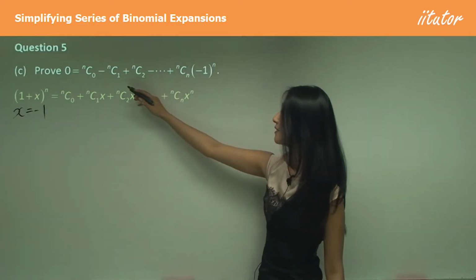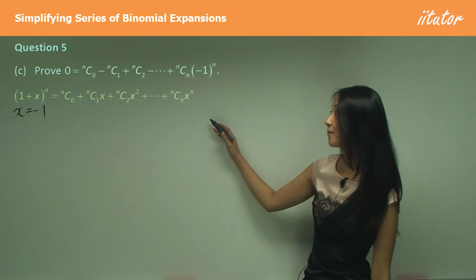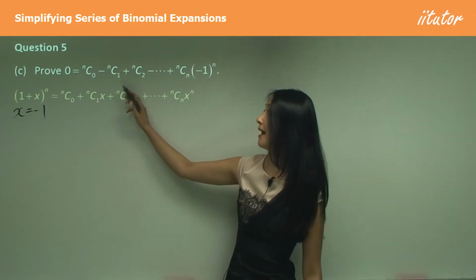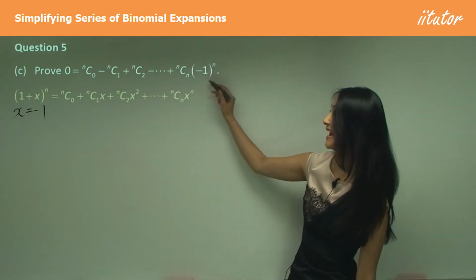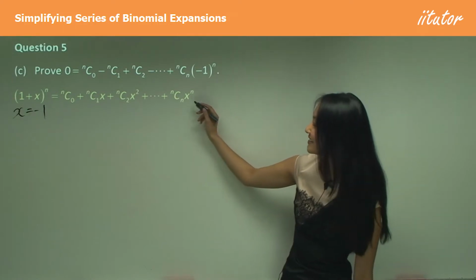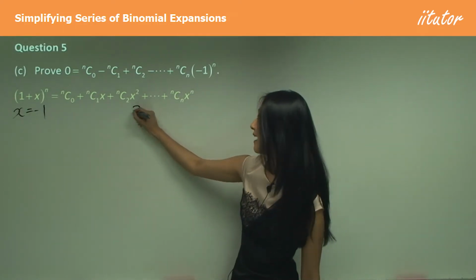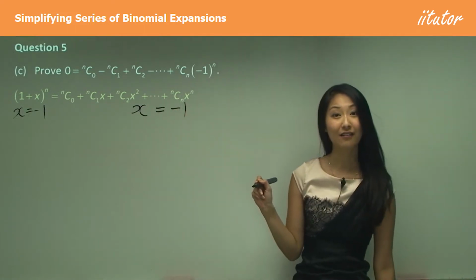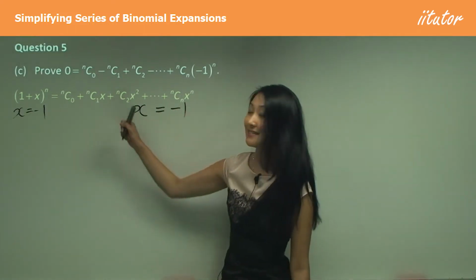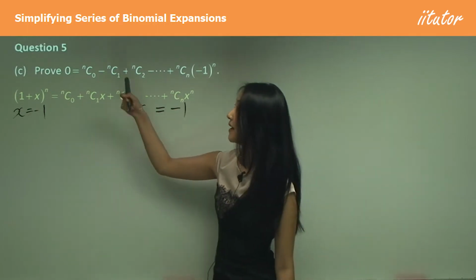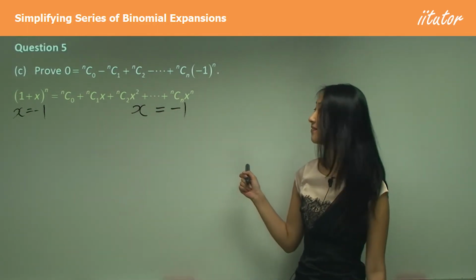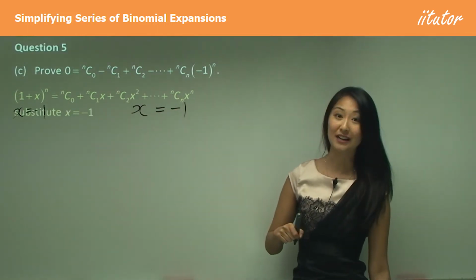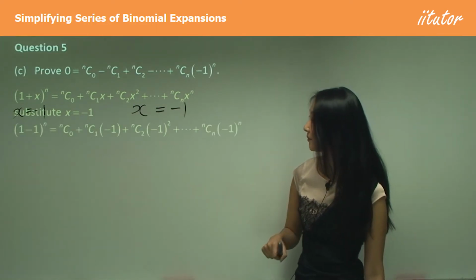Now, considering our expansion here, we're going plus, minus, and also it's negative 1 there. So you can kind of see that for this side, I also have to substitute in x equals negative 1, right? So the x's disappear because it's 1, but it's going plus, minus. Okay, so let's substitute in x equals negative 1.